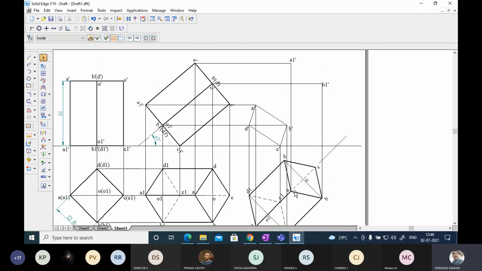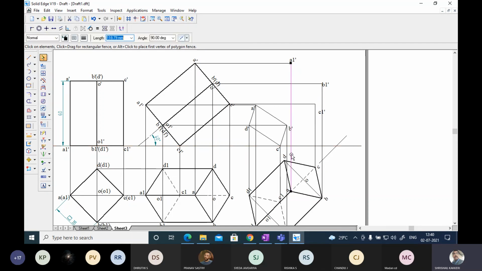Now from C, again take a line from C. This is the intersection, so this will be point C. Let me write it as C1 dash.